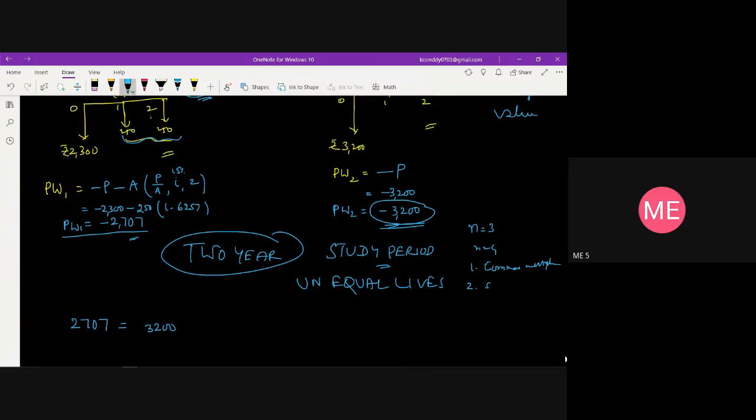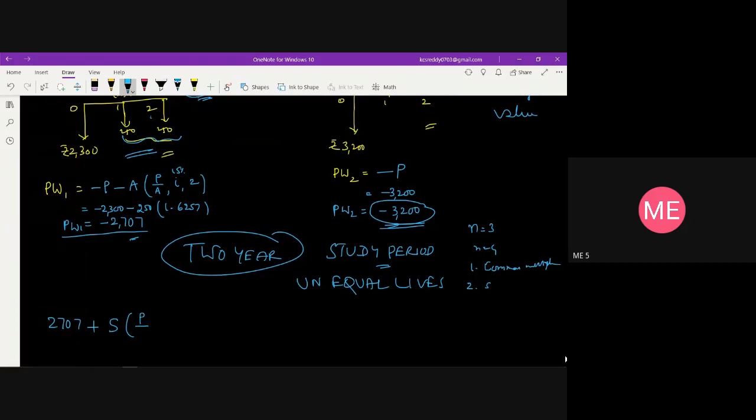For this we are going to calculate, right? I'll use it this way: 2,707, assuming that we don't have the salvage value of this particular thing.